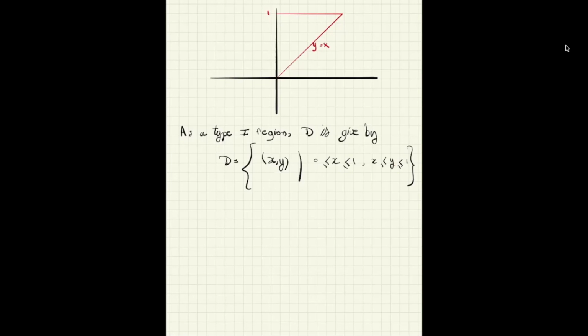And then we have x between 0 and 1. So that's x, this is y. So again, the region that you are looking for is this region here, D.